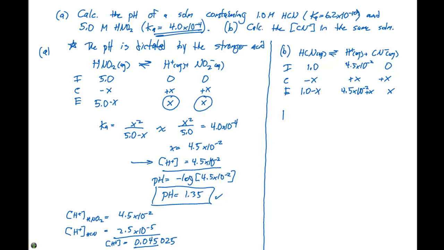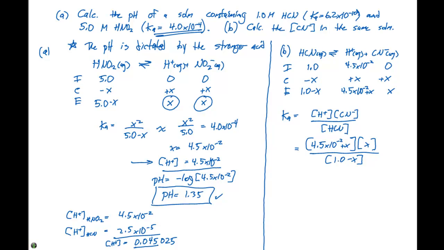So our Ka expression is going to equal the H plus concentration times the CN minus concentration divided by the concentration of HCN, which equals 4.5 times 10 to the minus 2 plus x times x divided by 1.0 minus x.